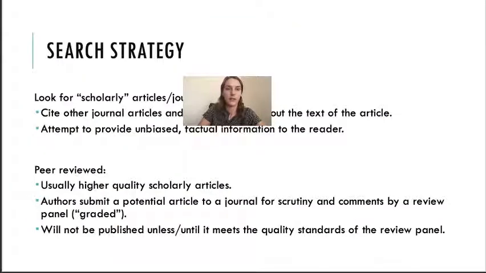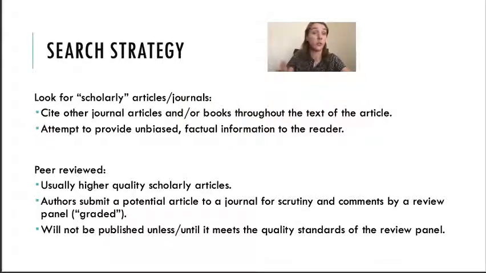This is our last bit here on general search strategy. We'll be using a search strategy that will only yield scholarly articles. By scholarly, we mean peer-reviewed, we mean professional. We're just trying to provide information that's as unbiased as possible. There's, of course, bias in science as well.